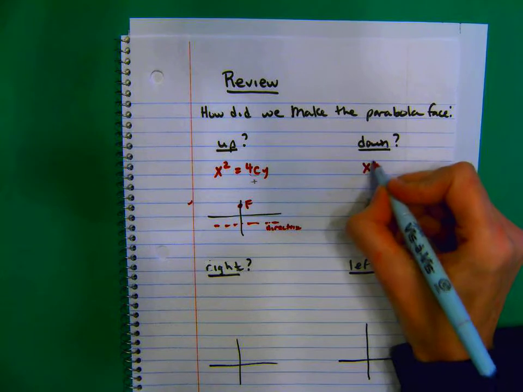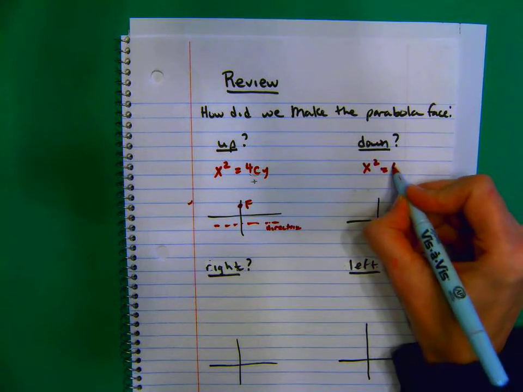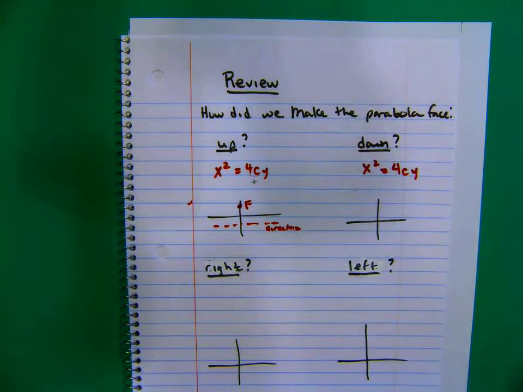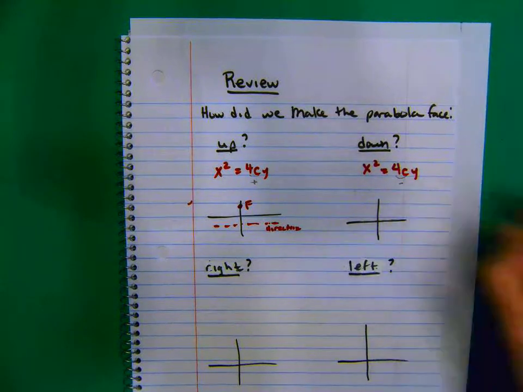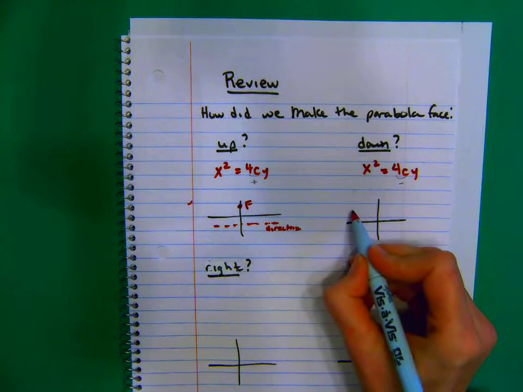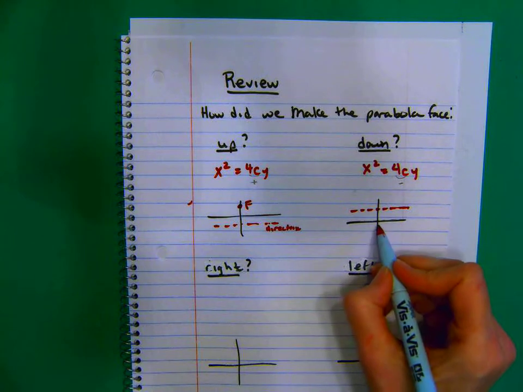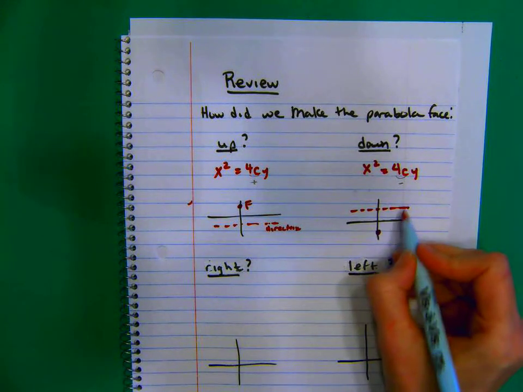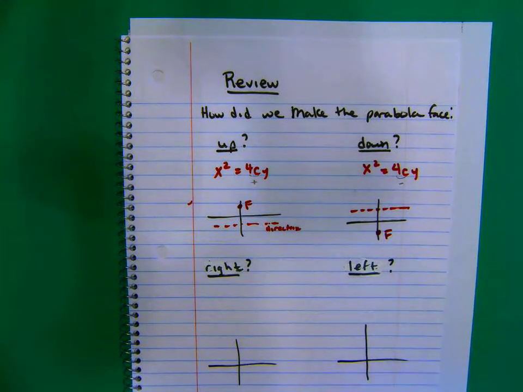Down, it had the same kind of equation with the x squared by itself. It's just that this 4c was negative then. And to have that happen with the focus and directrix, what we needed was the directrix to be on top and the focus to be underneath, and that would make it face down.